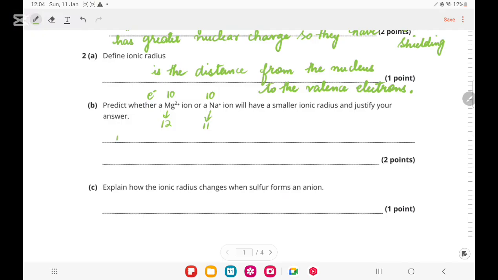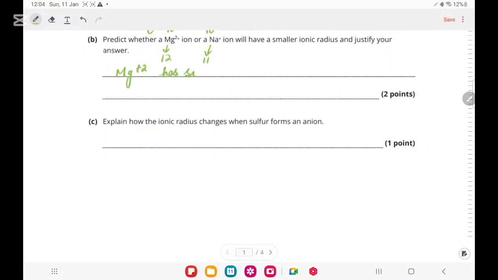Definitely Mg2+ has the smaller ionic radius because of greater nuclear charge pulling electrons closer.